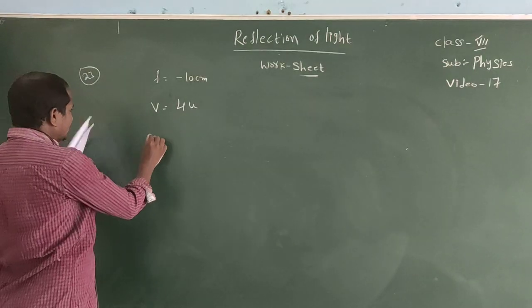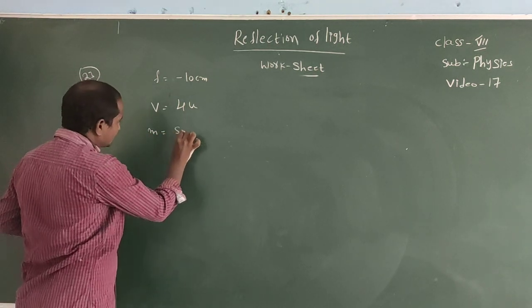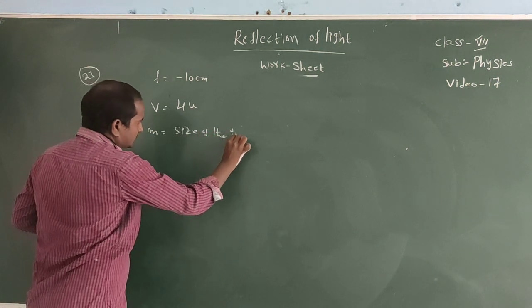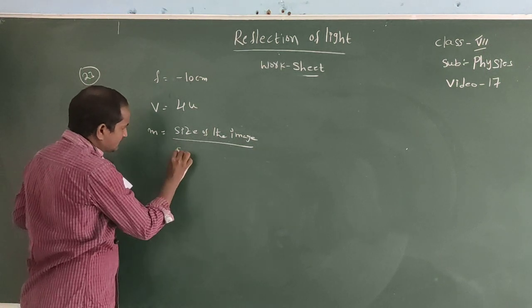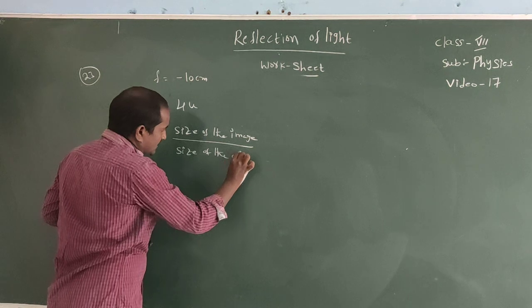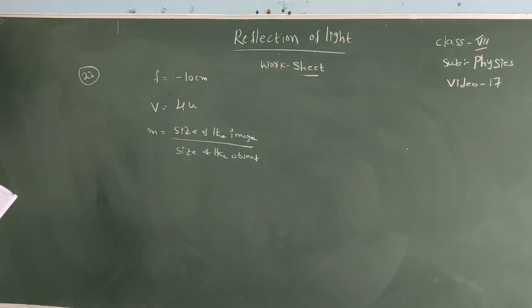So here we know that m equal to size of the image by size of the object. Okay.